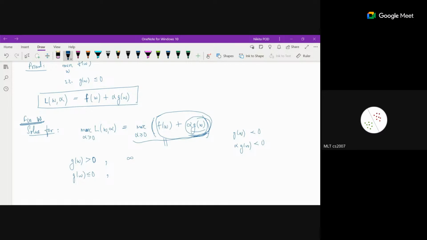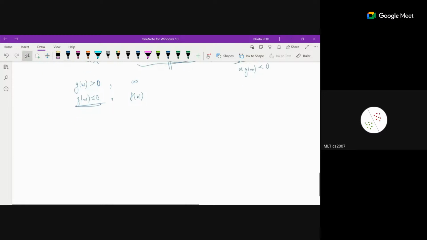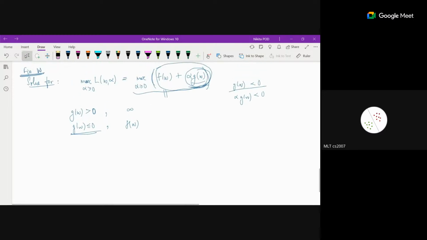What I can do is, instead of g of W being less than 0, if we take g of W equal to 0, then the maximum value that we get is f of W. So say we had some space over here, and this is the set of all W's such that g of W is less than or equal to 0.